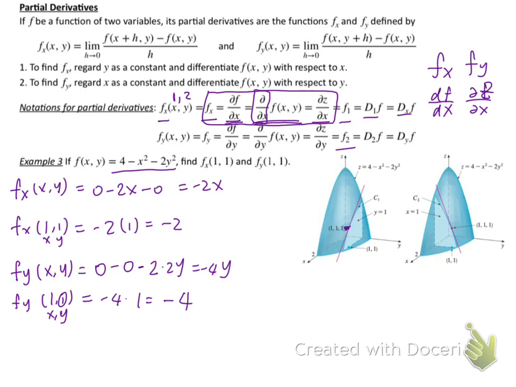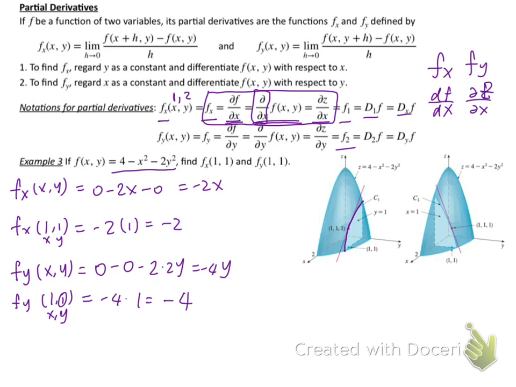So you fix y first, and when you slice it, you will get a curve. I'm not sure if you can see it clearly, but there's a blue curve here. That's where this plane y equals 1 meets the surface.